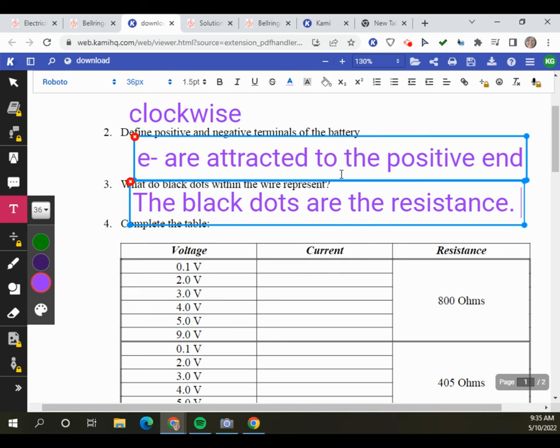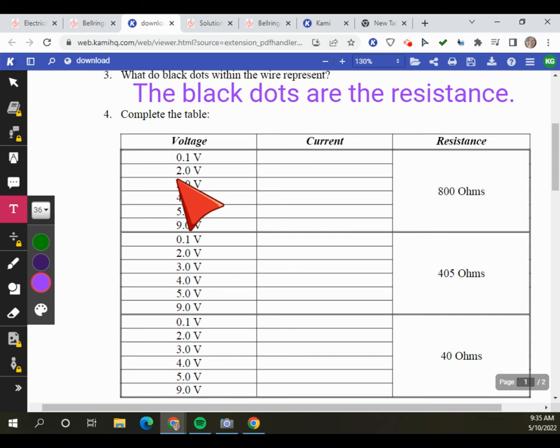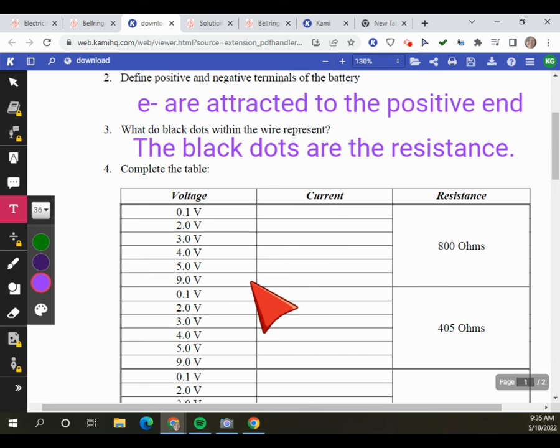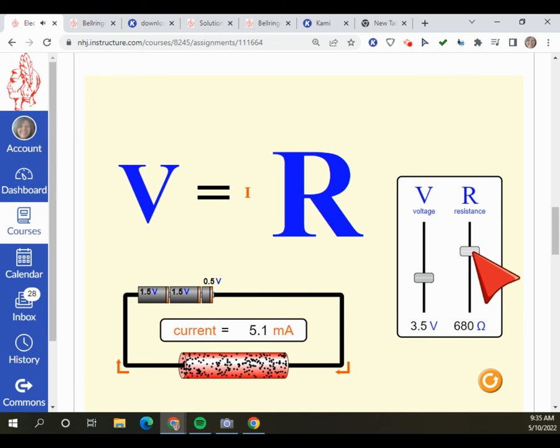All right, so then we have this data table. So many things on the data table. I'm going to go through this first section with you, and then we'll move on to the questions at the end. You'll be responsible for doing the other part all by yourself. So we have standard voltages, and we have a resistance. Let's set up our simulation. We need a resistance of 800 ohms. Oops, that's too much.